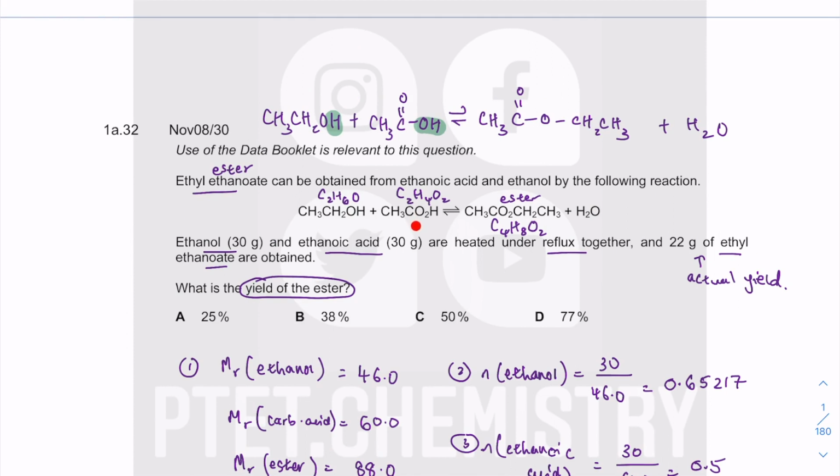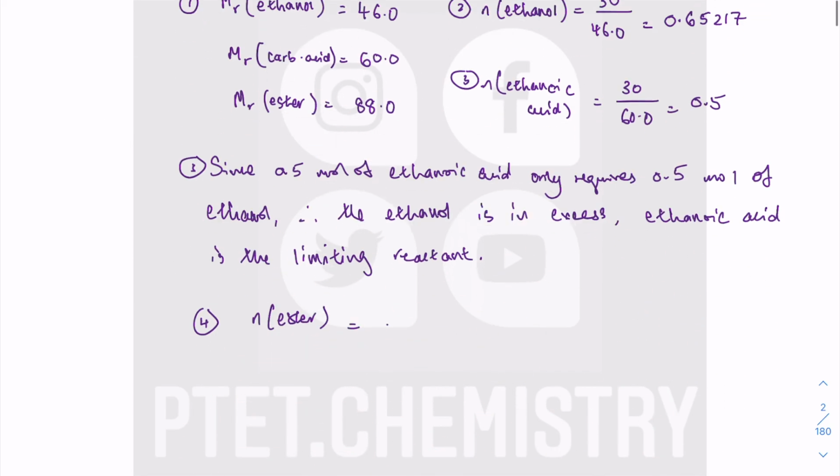So I have to relate the mole ratio of the ethanoic acid, the limiting reactant, with the ester. It's still 1:1. So the mole of the ester is equal to the mole of the limiting reactant, which is the CH3CO2H, the acid.